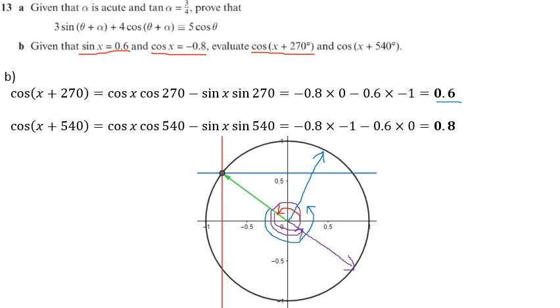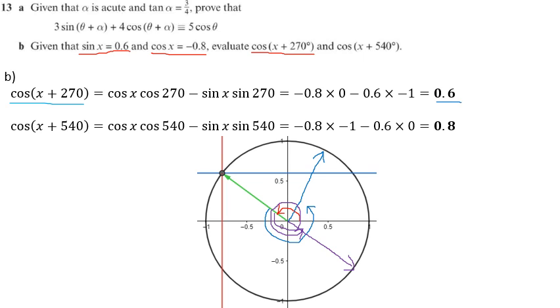Now, not only can we see what the cos of x plus 270 and cos of x plus 540 are, but from these we can also infer sine of each one. So with the blue one, for cos of x plus 270, we would have a cos value of 0.6 and a sine value of positive 0.8.